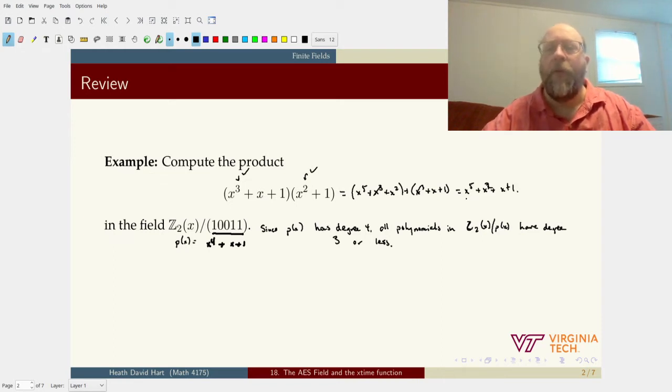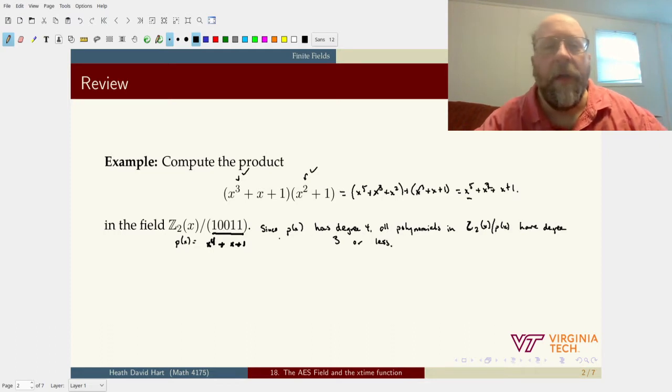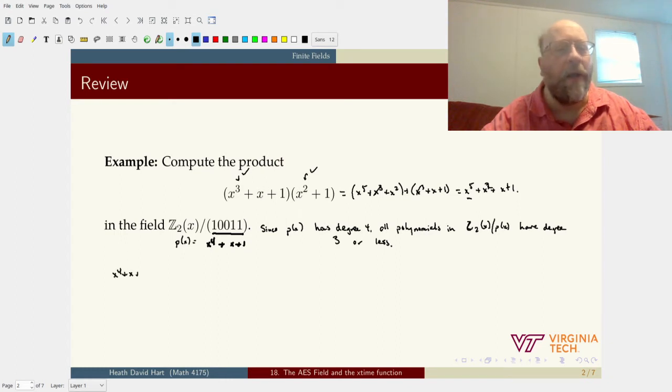And so how do we get rid of this x to the fifth term? We take the remainder when we divide by this polynomial. So we're going to divide x to the fourth plus x plus 1 into the polynomial x to the fifth plus x squared plus x plus 1.